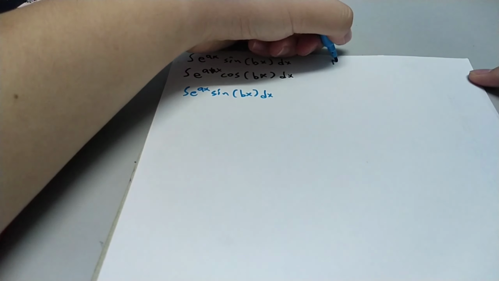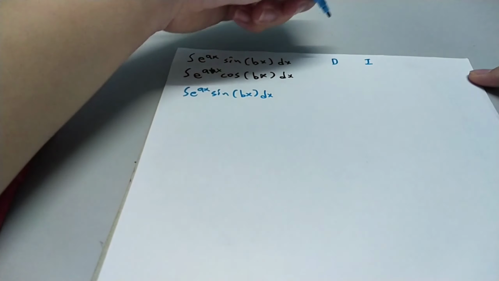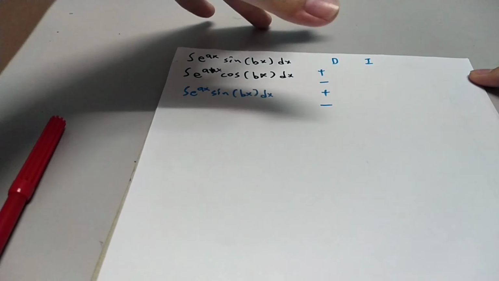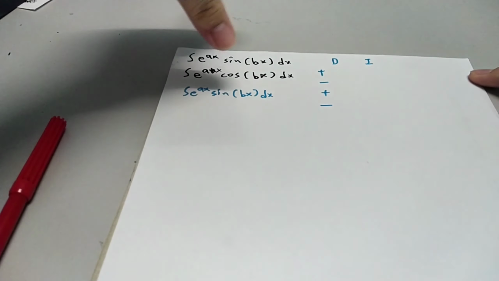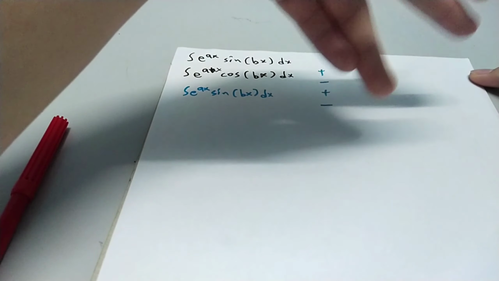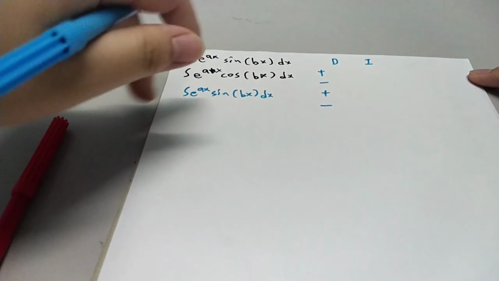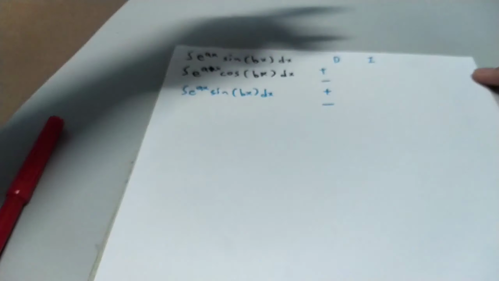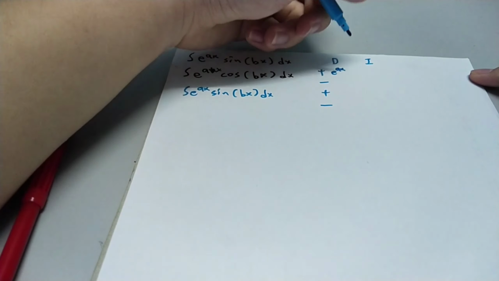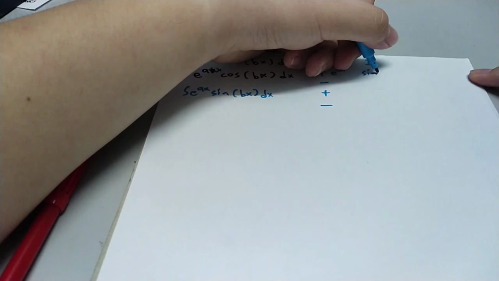We have a differential column and then the integral column, and we are going to extend this plus minus sign, and that's because in the end we are going to meet the same thing when we multiply the row. So I will let e to the power of ax in the differential column because that's easier, and sine of bx here.